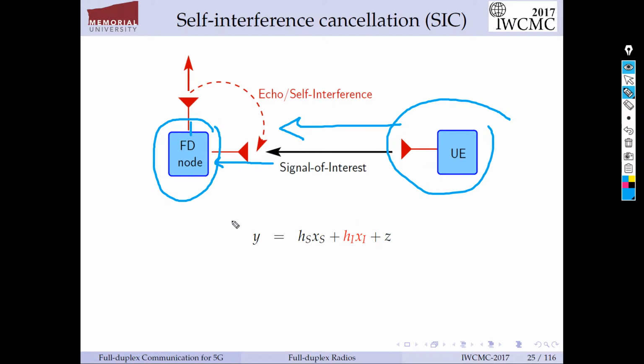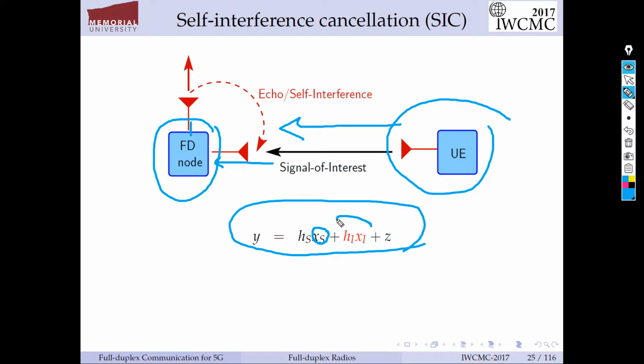So the total signal you receive at this side is y equals the desired signal xs multiplied by the channel between user and node, plus hi multiplied by xi, plus z. So this is the received signal.